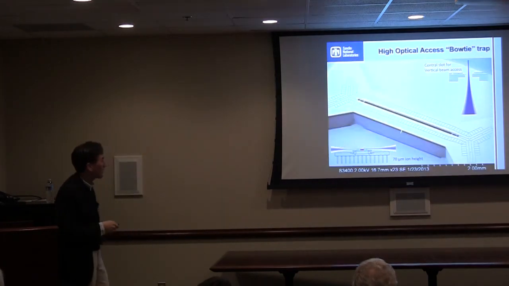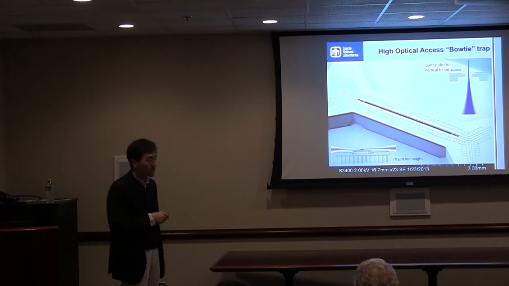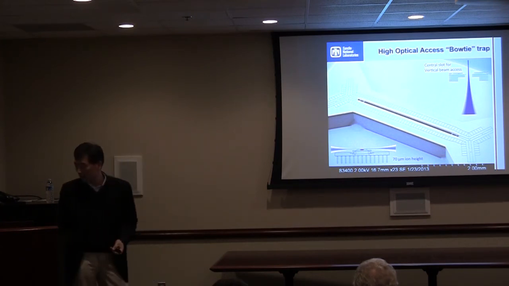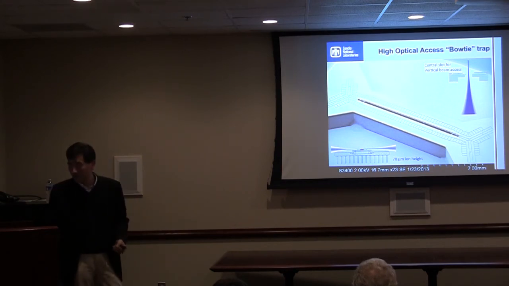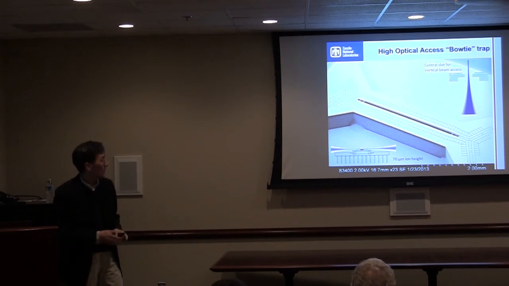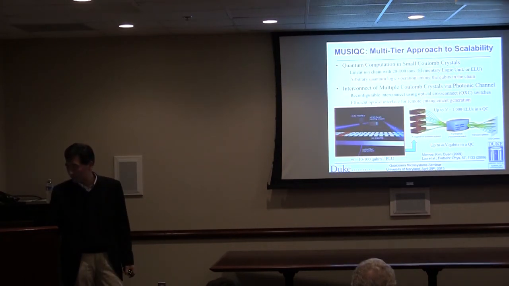So what we ended up doing is we tried to reduce the width of this trap so that optical access from the sides can be accommodated. This is our latest and greatest trap that was just delivered to us a few weeks ago, which we were able to trap in just last week, and we're trying to make sure that it can be integrated for all of these optical addressing functionalities that we want to achieve.